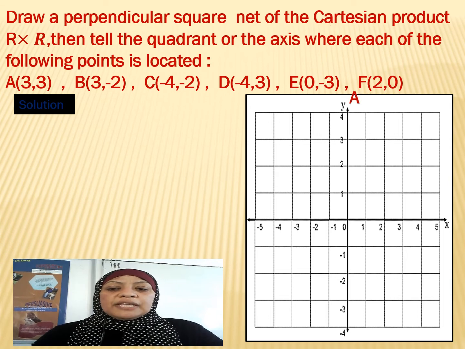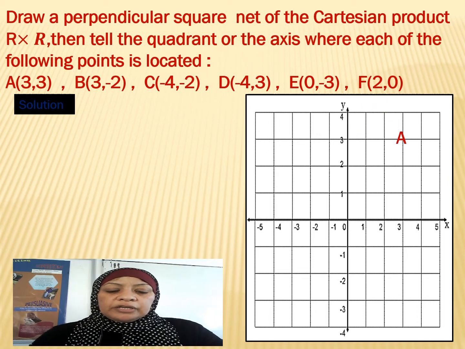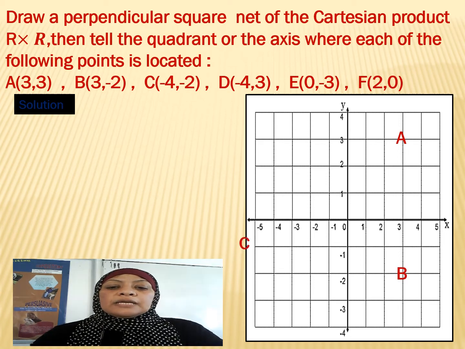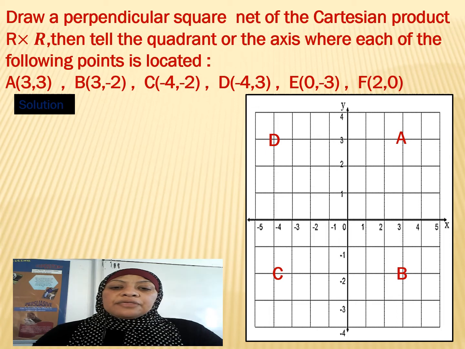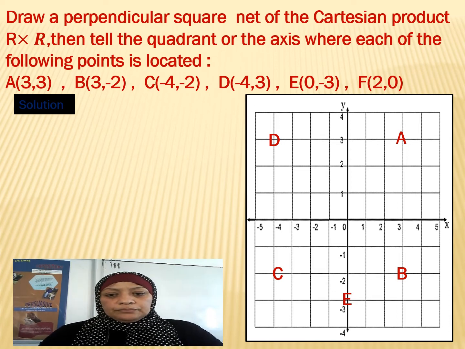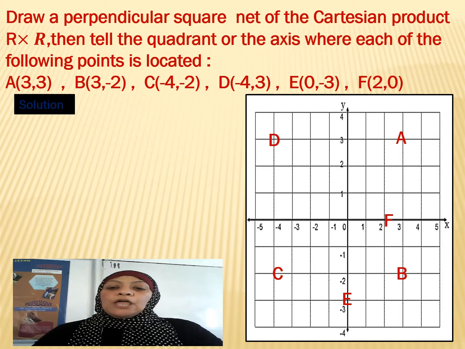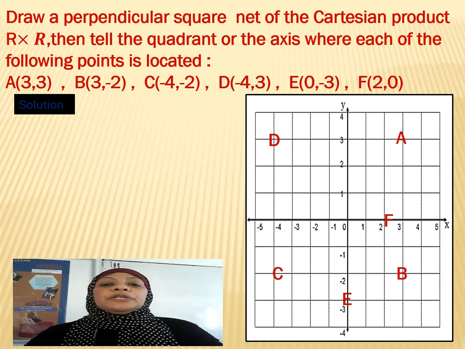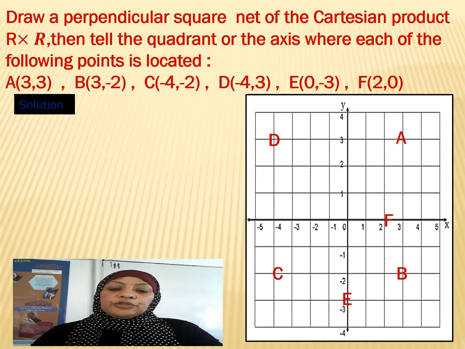Point A (3, 3), B (3, negative 2), C (negative 4, negative 2), D (negative 4, 3), E (0, negative 3), F (2, 0). Now we need to determine the location of each point.